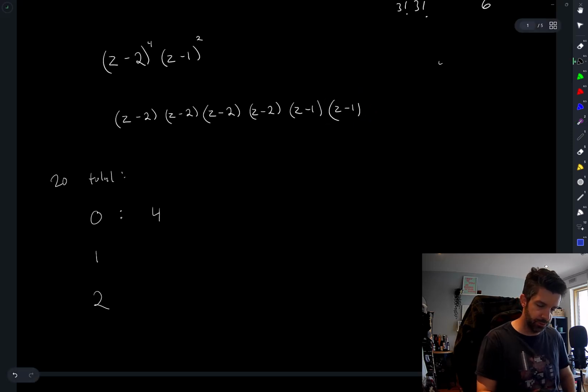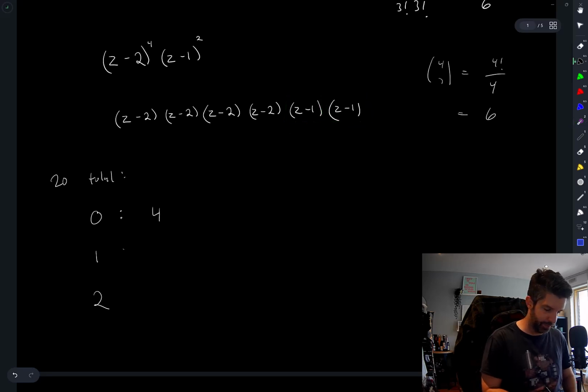What's 4 choose 2? 4 factorial over 4 is 6. But I have to multiply by 2, because there's 6 where we choose only that one and another 6 where we choose only that one. So that's 12. And I should be left with another 4, right?